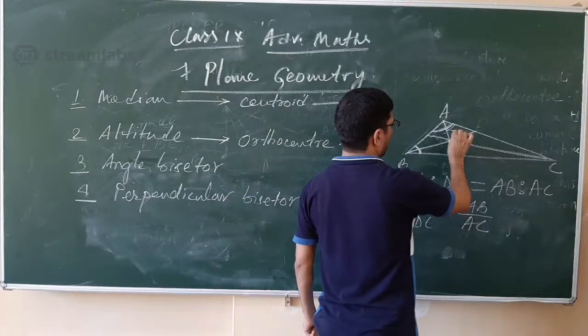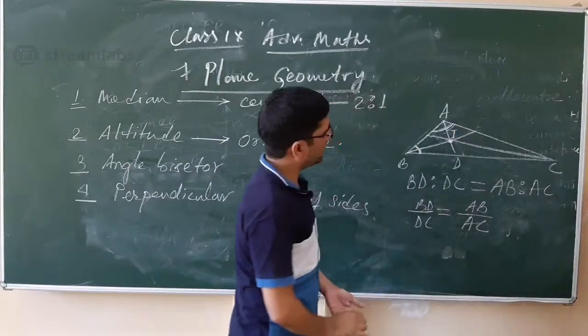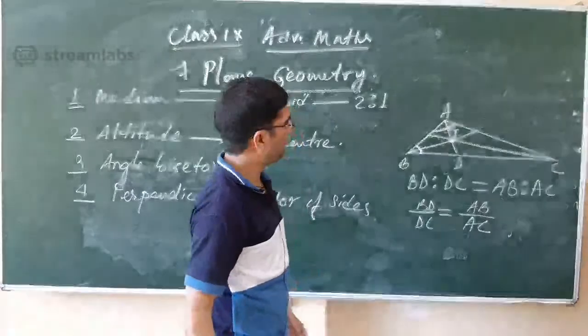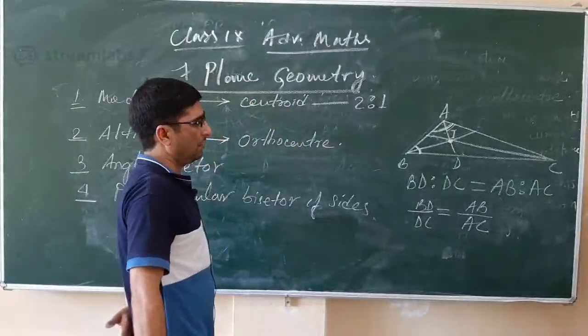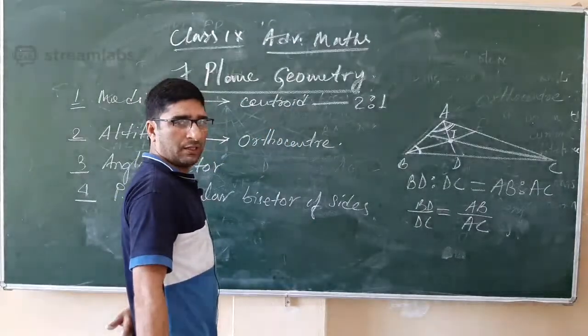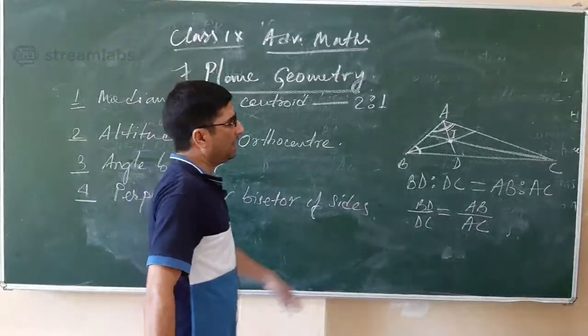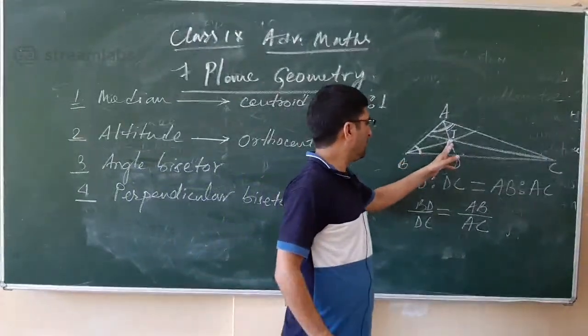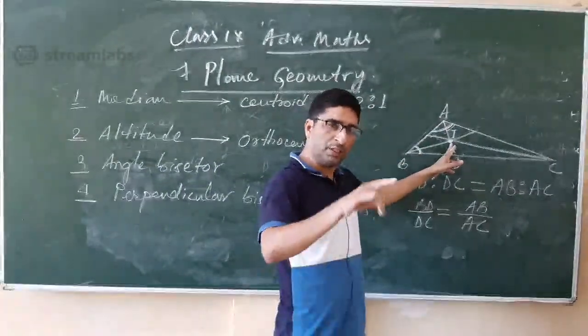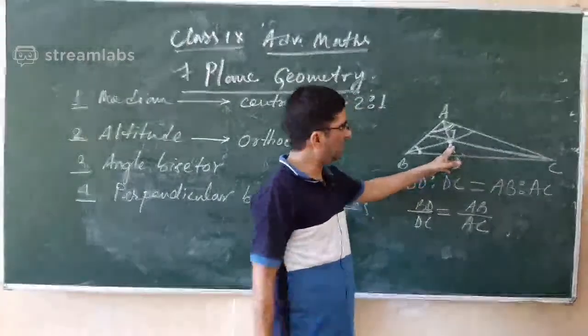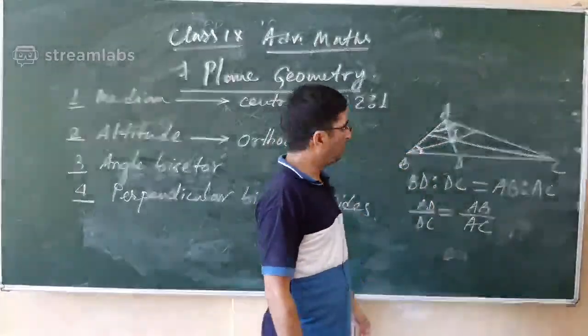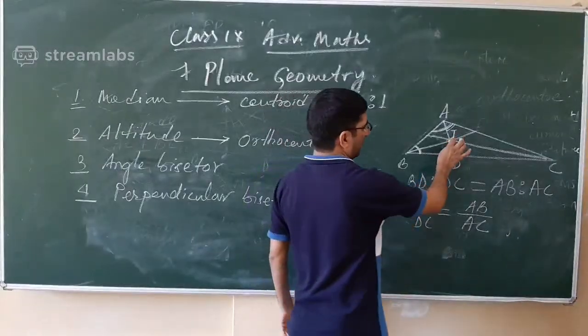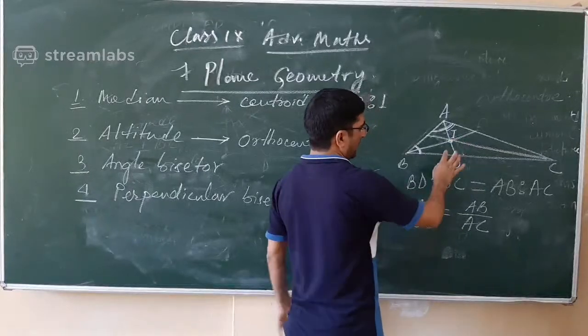It is denoted by I. Once again, the meeting point of the angle bisectors within the triangle is called the incenter.